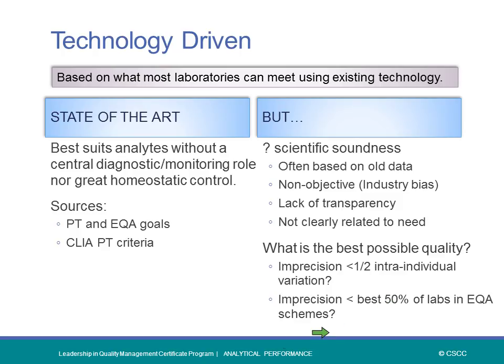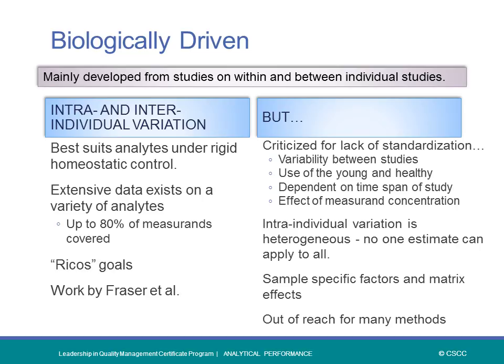The next level of quality specification are those that are biologically driven. Most of us are familiar with these sources. They are estimates of intra- and inter-individual variability, and you can find them listed in a number of websites. Certainly the work of Ricos is summarized on the Westgard website.